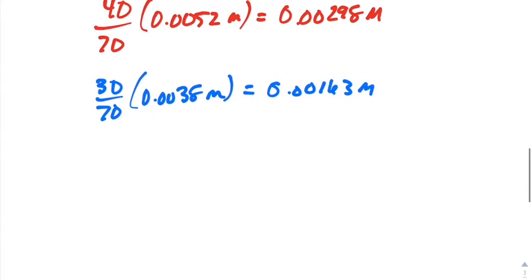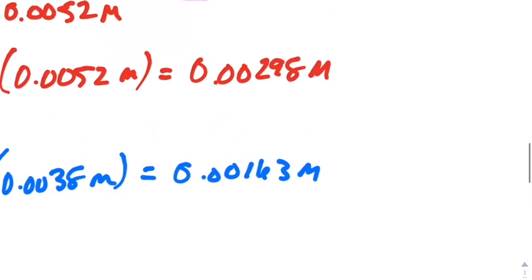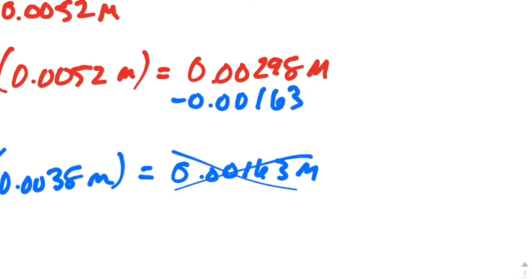Now that I have cross-diluted them and I have doubled my sulfuric acid because it's a diprotic, I can react these guys as far over as I can. So it's pretty obvious, I think, at this point that I have more acid than I have base. So I'm going to completely run out of my base, and I am going to lose 0.00163 of this guy.